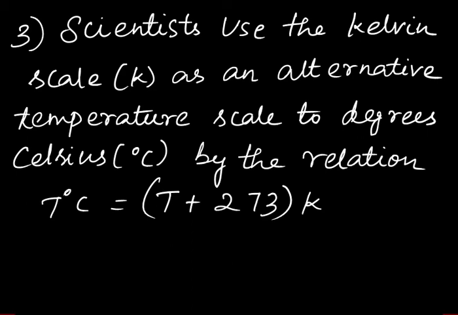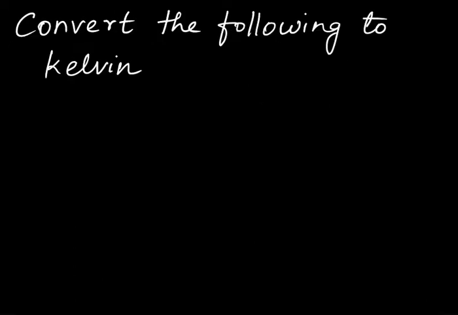Third question. Scientists use the Kelvin scale as an alternative temperature scale to degrees Celsius by the relation T degrees Celsius is equal to T plus 273 Kelvin. Convert the following to Kelvin. First question, minus 275 degrees Celsius.